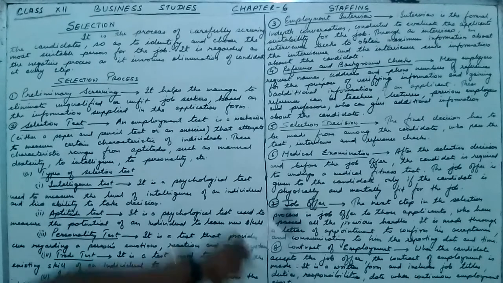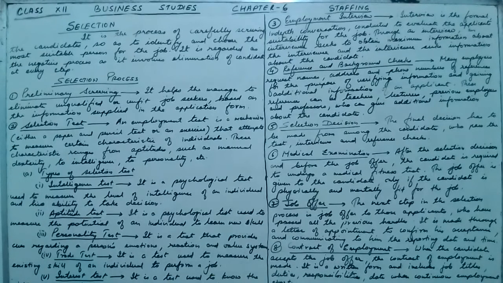Now after this, the last step is the contract of employment. When the candidate accepts the job offer, the contract of employment between the company and the employee is made.